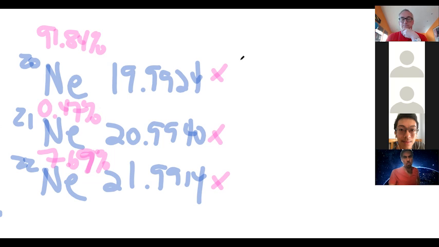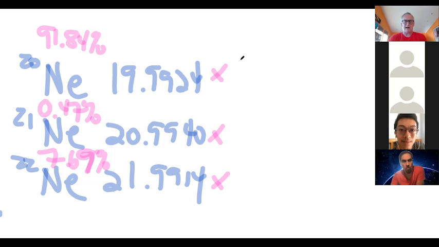So what are we going to multiply these three things by to give us their actual distribution? You multiply the mass by the percentage and then add them together. Exactly. So what do we multiply the mass of neon 20 by? 91.84? Nope, you're close. We're not going to multiply it by 91.84.